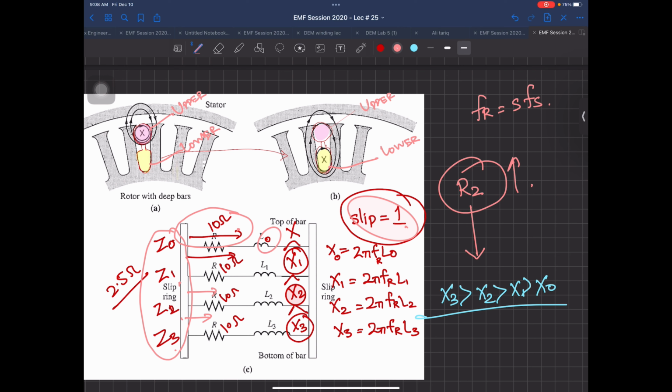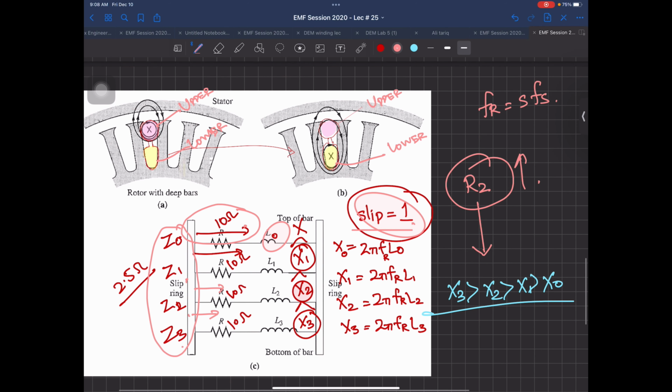And larger resistance means that you are going to have high starting torque developed. I'm again repeating the result. Since Z0, Z1, Z2, Z3 all are different at starting, why? Because slip is equal to 1. So when slip is equal to 1, your Z3 is very high, larger than Z2, Z2 is larger than Z1.